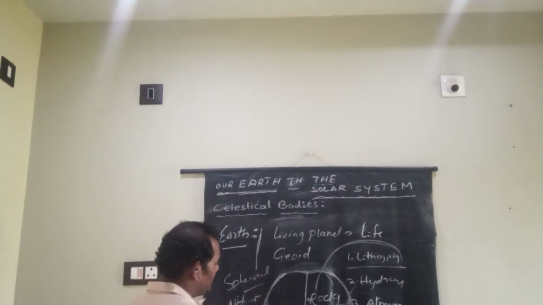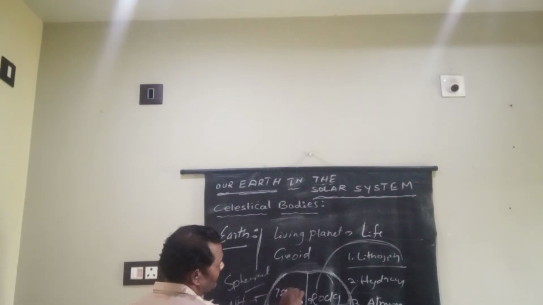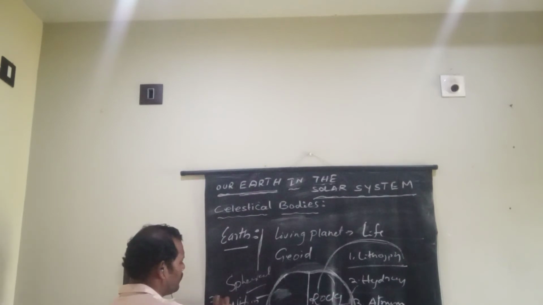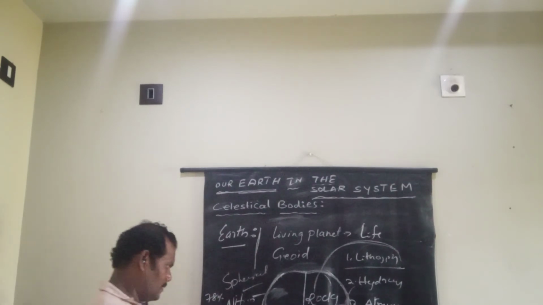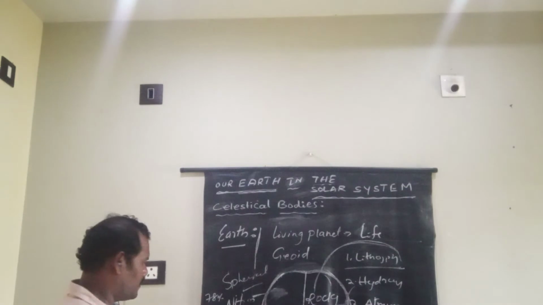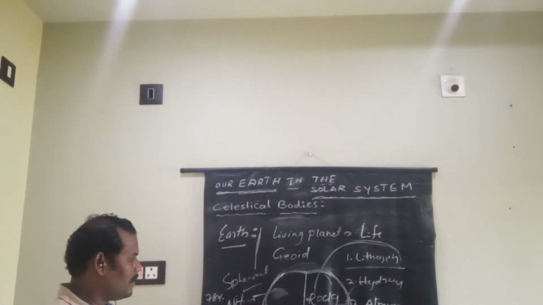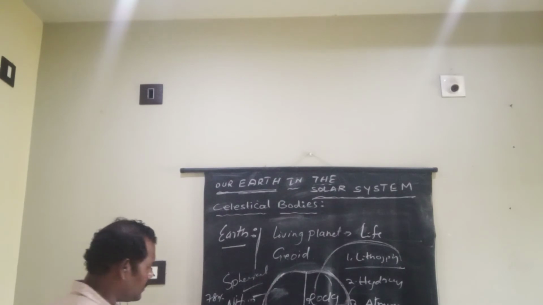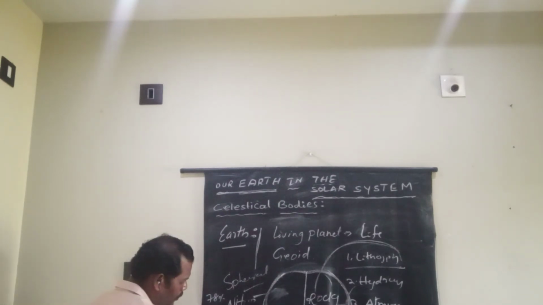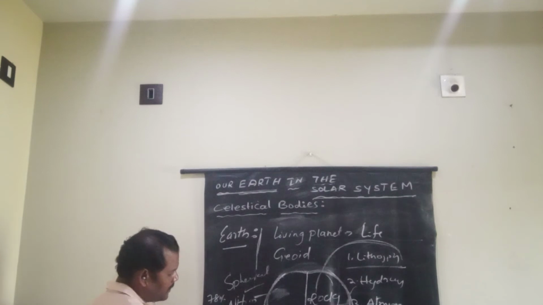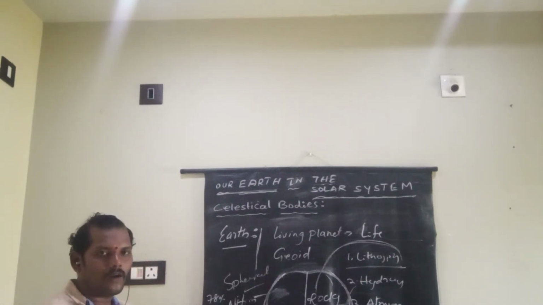Nearly 78% of the atmosphere is nitrogen, 21% is oxygen, and 0.03% is carbon dioxide.